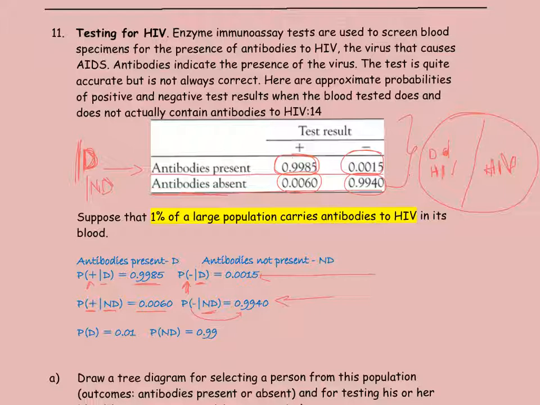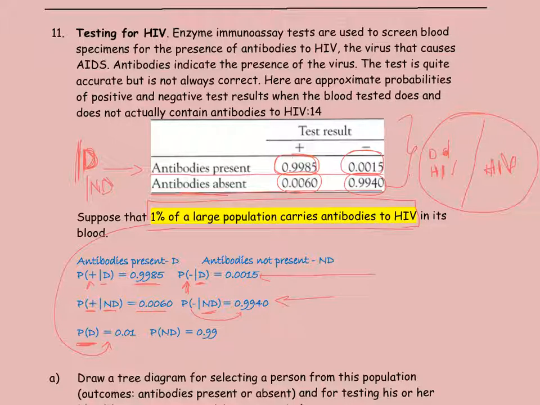Now there's always one more piece of information given, and this is through various collection of data. 1% of the population actually has the disease. Okay, that is how rare the disease is.